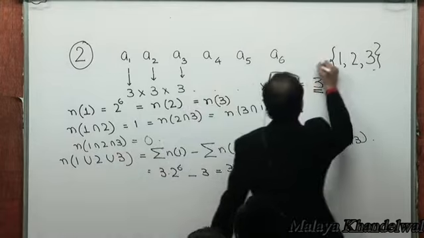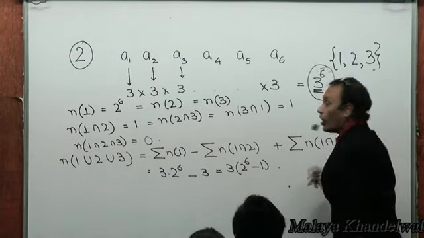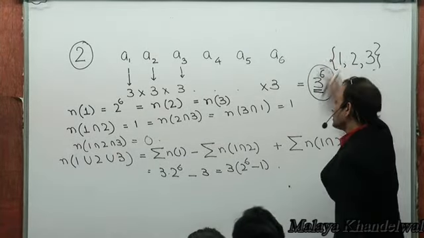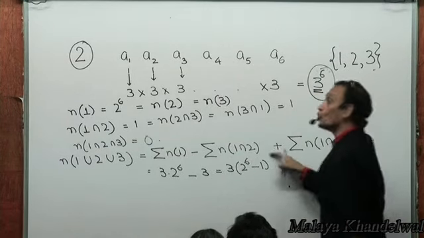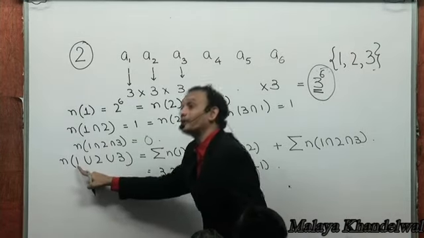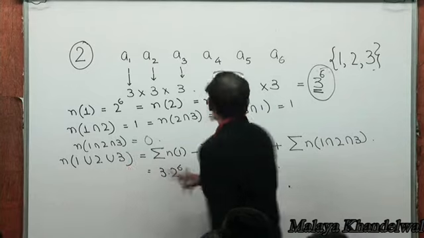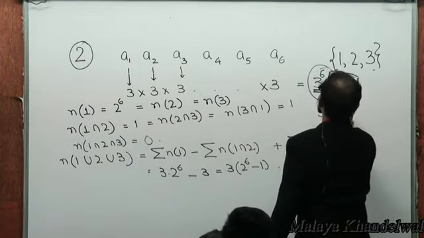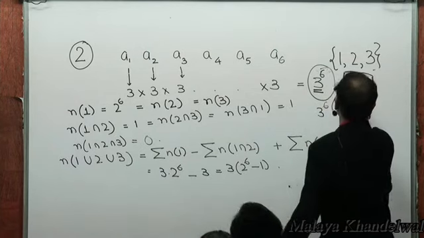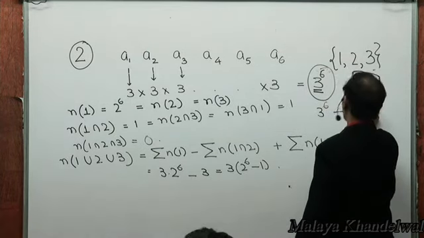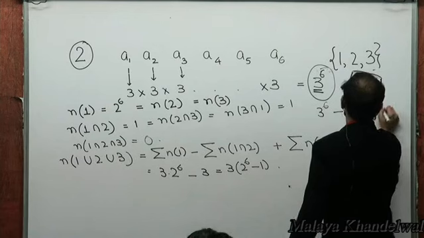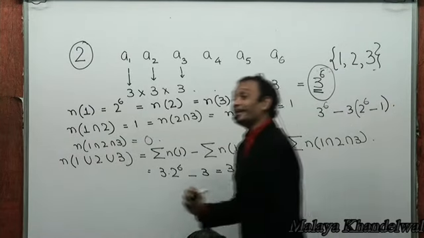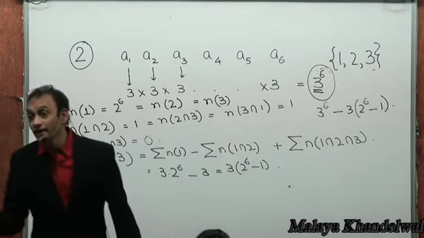Total numbers are 3 to the power 6. Of these, this many numbers don't contain at least one of them, 1 or 2 or 3. That means the remaining are how many? 3 to the power 6 minus these would contain all of them, 1, 2 and 3.